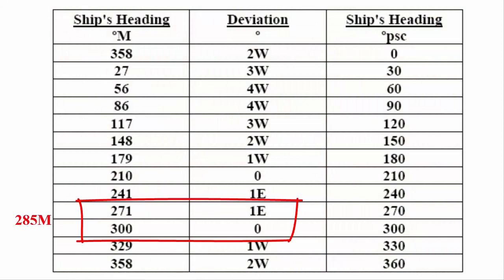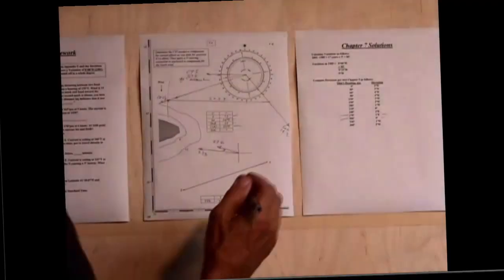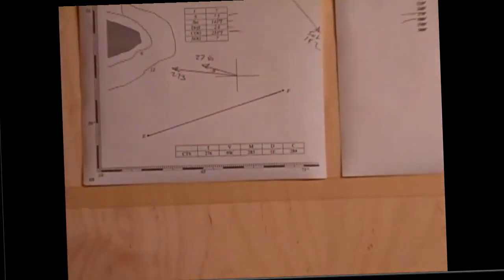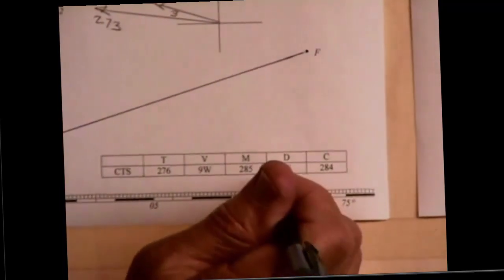Well, here's 271 and 300, and 285 is a little bit closer to 271 than it is to 300, so I will choose 1 east as the deviation. And remember, going from left to right in this table with easterly deviation, we're going to subtract. So 285 minus 1 is 284.